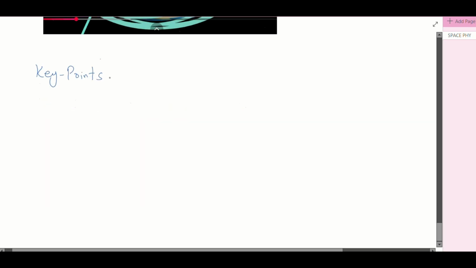So the key points that I'm going to write for you are: Earth's axis is tilted at 23.5 degrees.